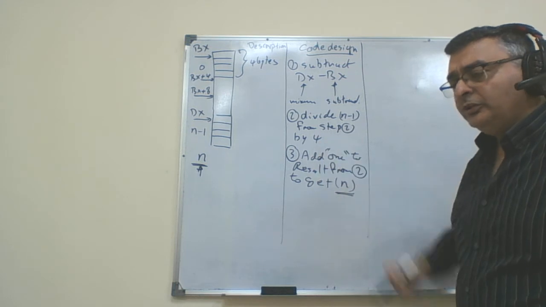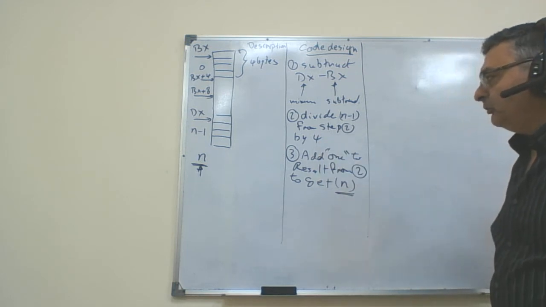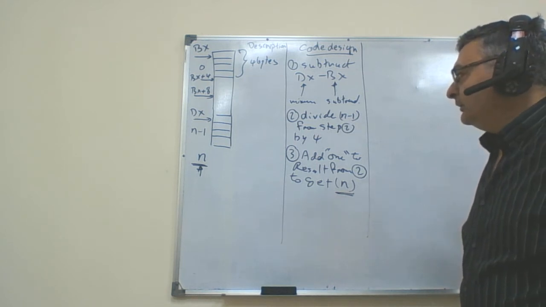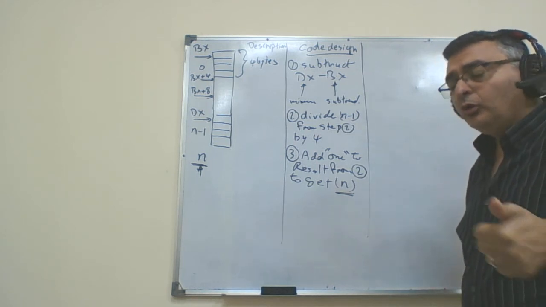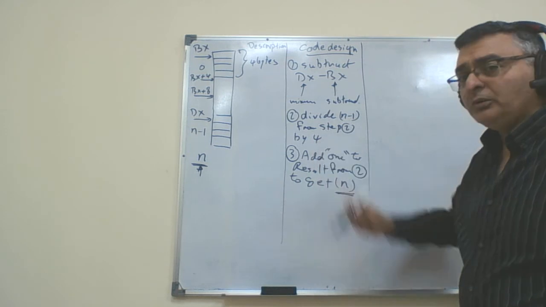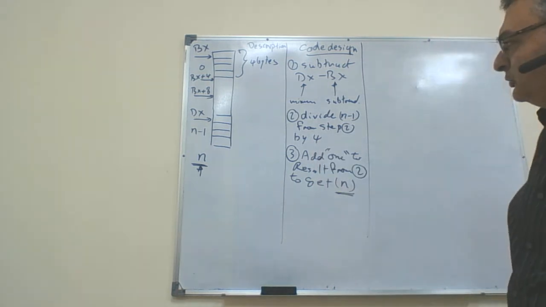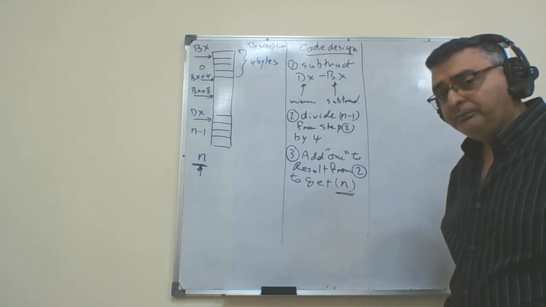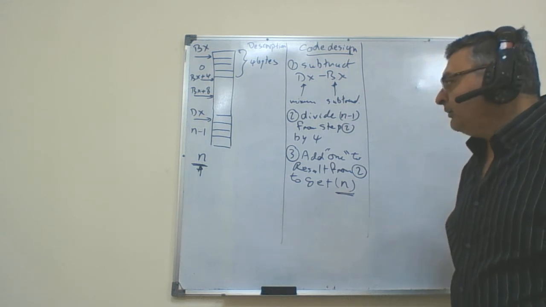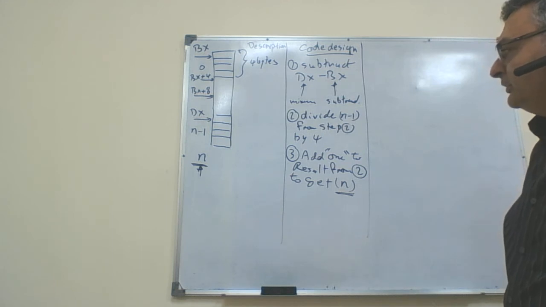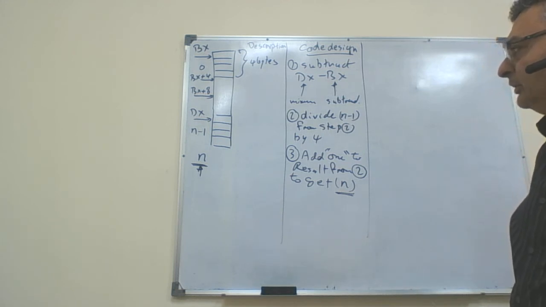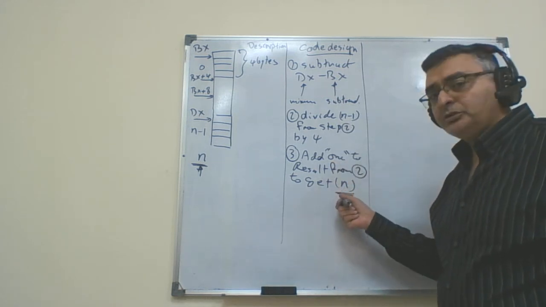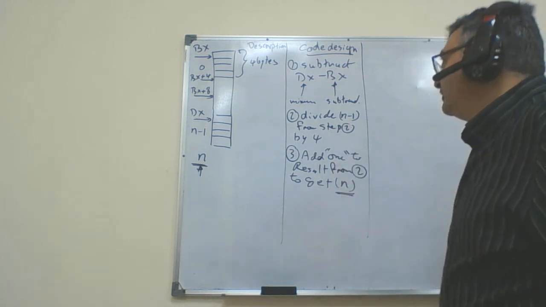Or, since it's division by powers of 2, I can use the shift instruction for the division. Agree? Then the last operation is to add 1 to the content, so I will get the answer.